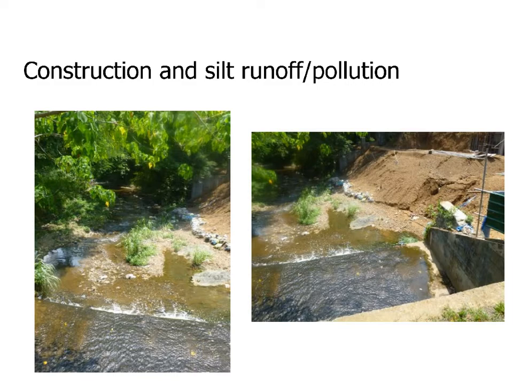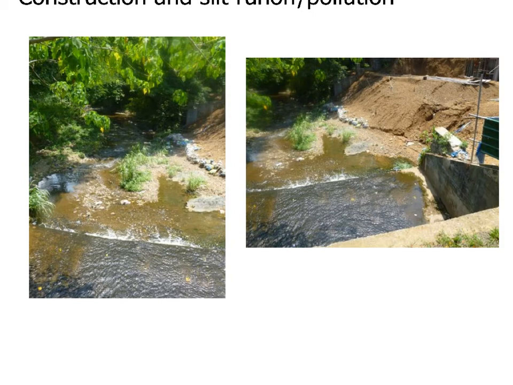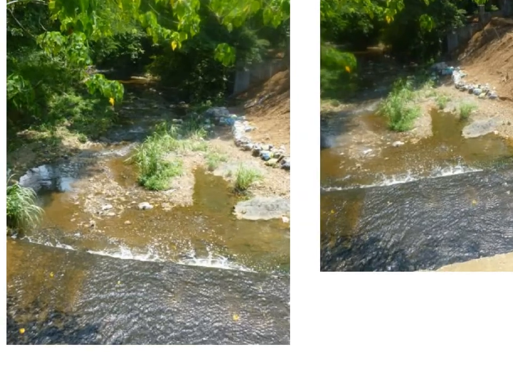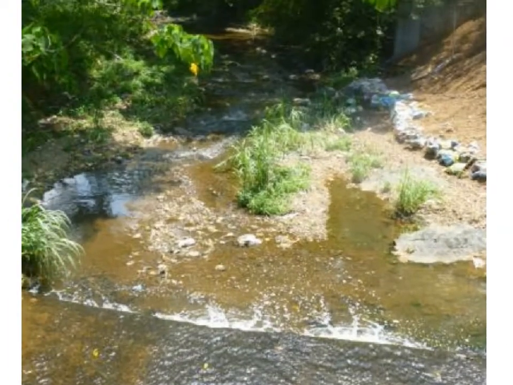Alright, at this point I want to talk a little bit about construction that was happening next to this stream as I was taking some of the pictures, and sort of the implications of that construction. You can see the path of the river at the moment kind of comes through this artificially constructed, man-made underpass, but then it continues on its normal path.